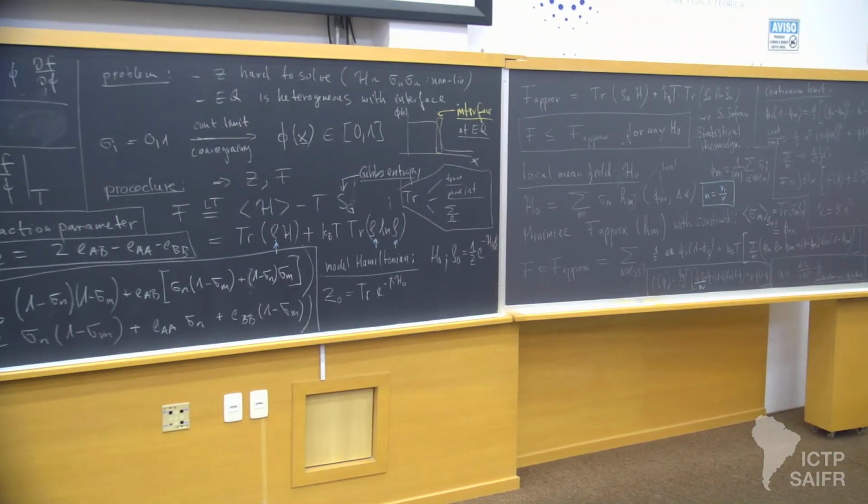And when you do this, the chemical potential has a scale of kT, logarithm of phi over 1 minus phi. So this is what you get.